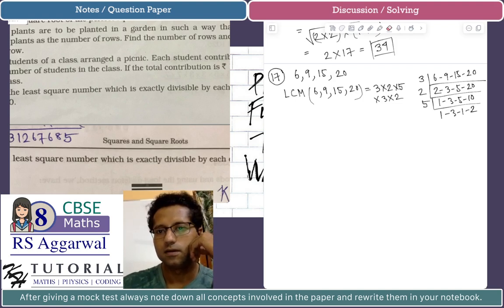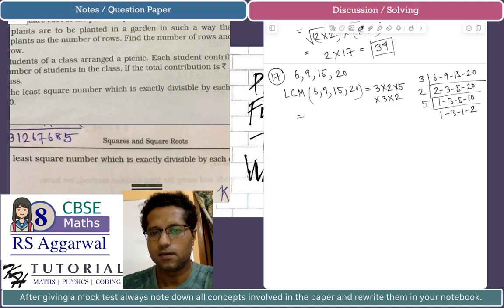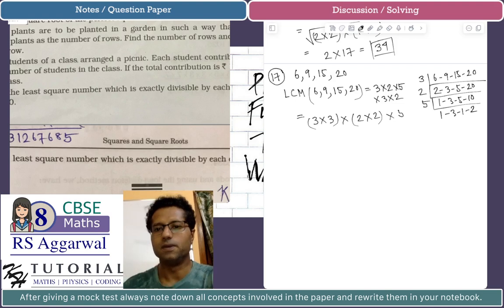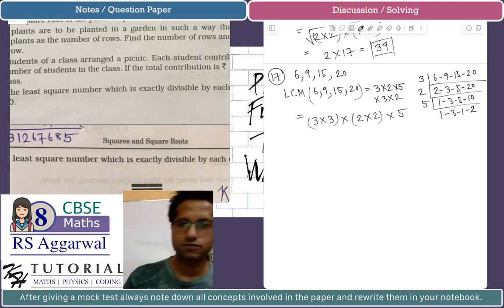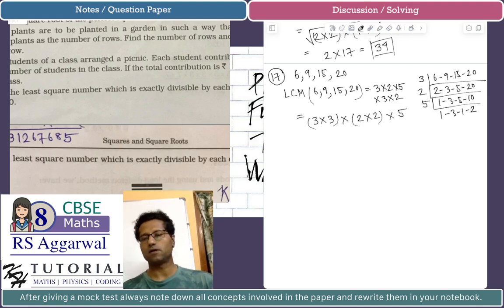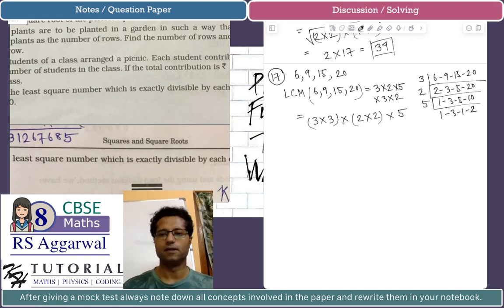If we group the prime factors of the LCM in pairs of equal factors, we can see 2 pairs, 3 into 3 and 2 into 2, and one prime factor 5 is left behind.